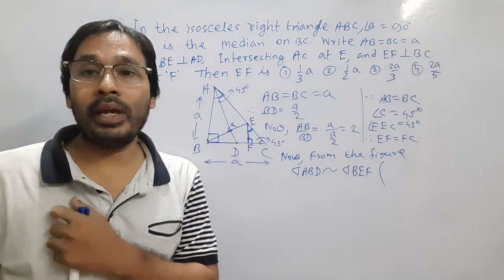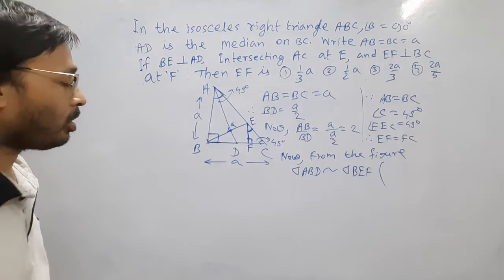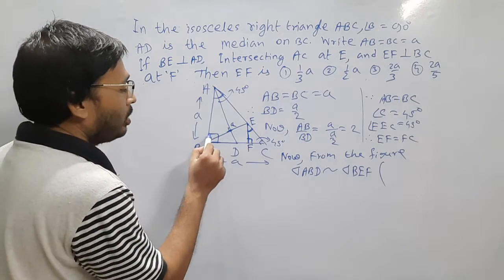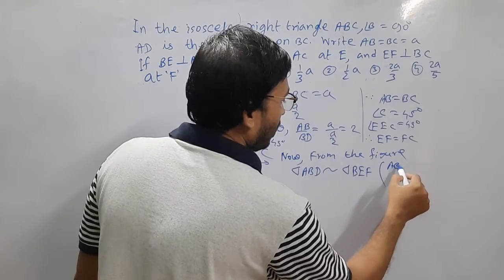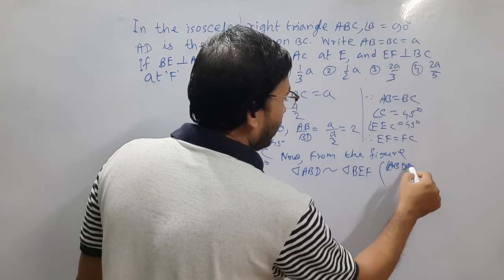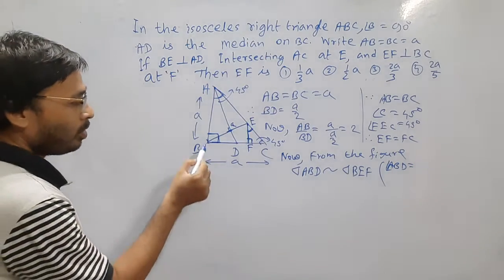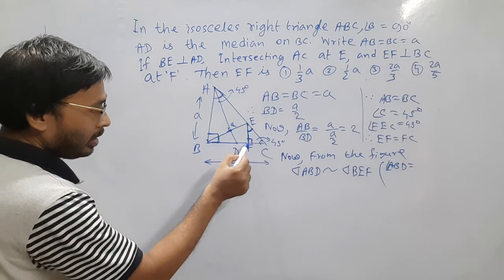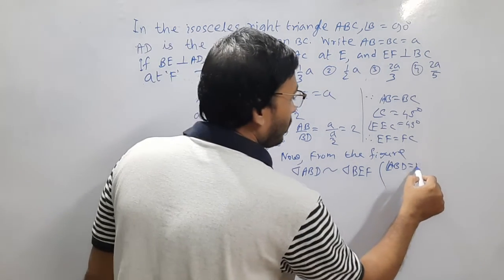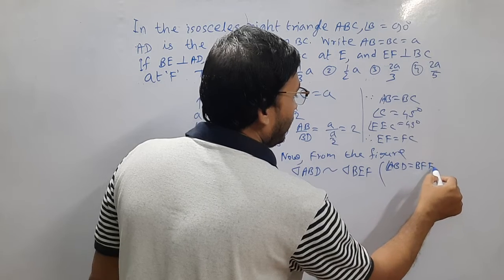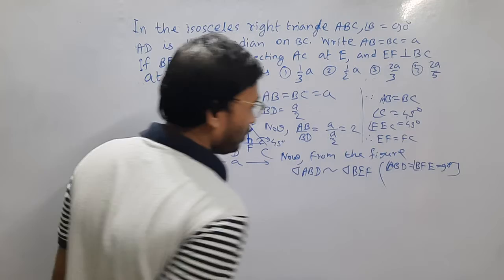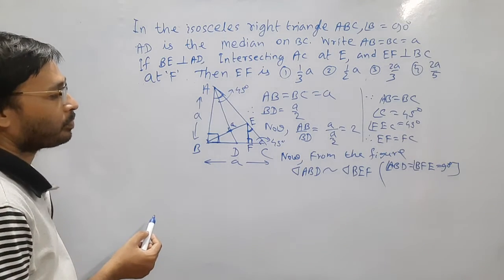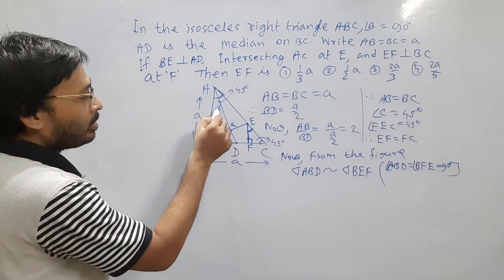ABD and BEF are similar triangles because angle ABD is equal to angle BFE. Angle BFE is equal to 90 degrees. Okay.